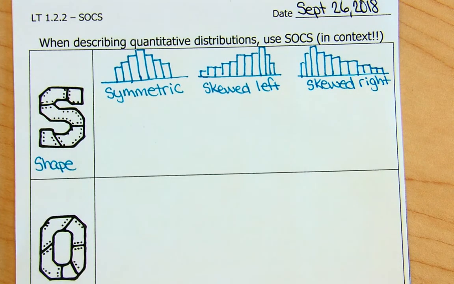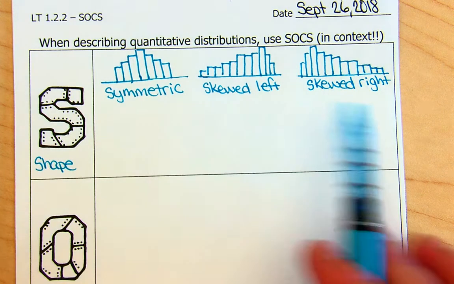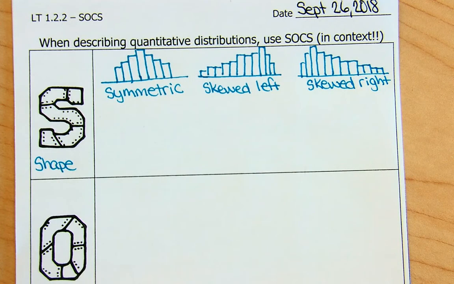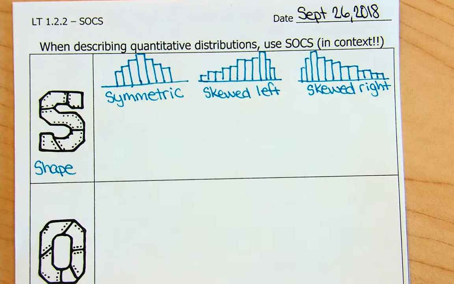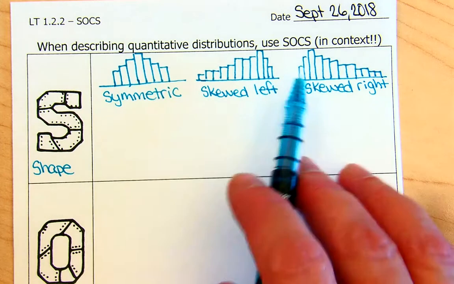Okay, these three are the most common shapes that we will deal with. Rarely do we have one that doesn't fit one of those three. Okay? So when you are creating a graph and describing it, you need to realize these are going to be the more common. Don't try to force it into one of these other ones that we're going to talk about, because they are rare, but you need to be aware of them. Okay? So these are the three used most often.